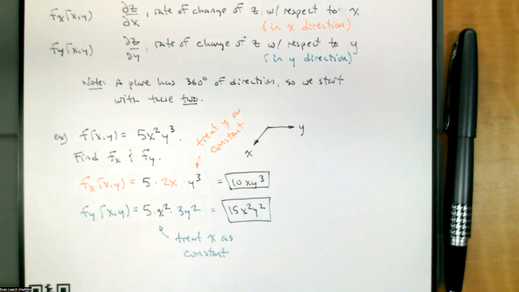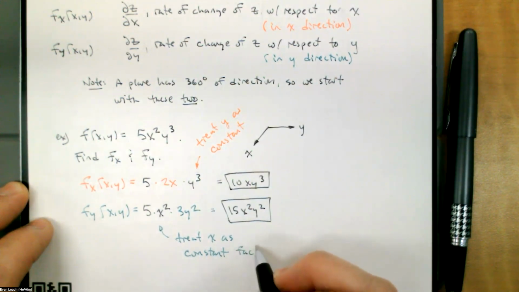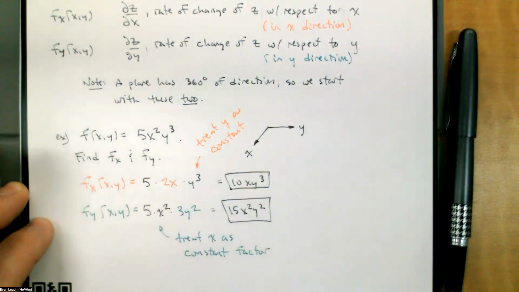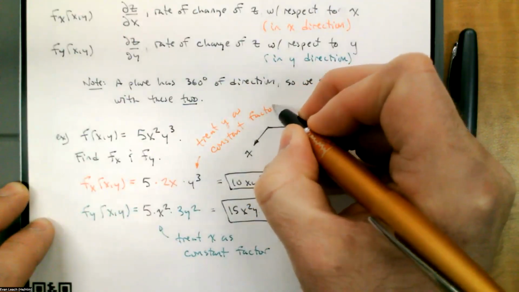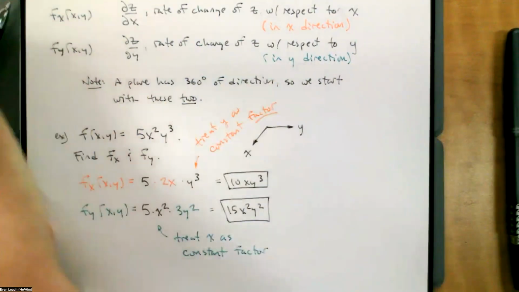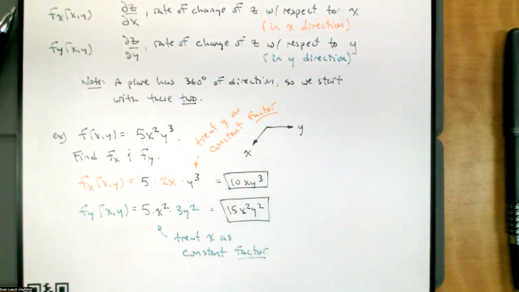Note that in this case, x was treated as a constant, and x is included with multiplication. So we're treating x as a constant factor. And so up here, we treated the y cubed as a constant factor. It's the same way that we treated the 5. 5 was a constant factor. Observe, okay? Yay, mechanics.